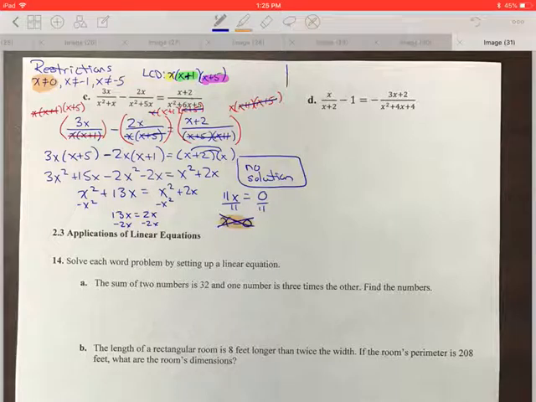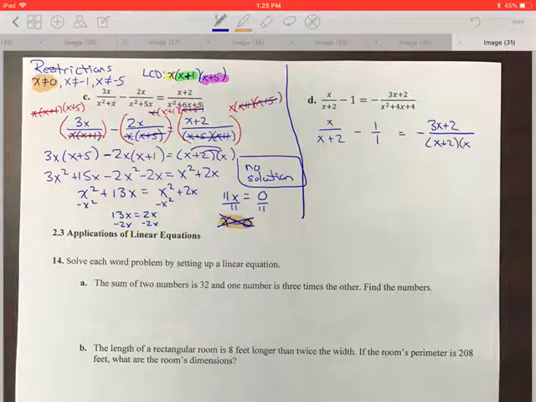All right, so let's try D. Let me draw a little line here. Okay, so I'm going to do the same thing. I want to clear fractions. I'm going to think of my 1 as 1 over 1. And then I'm going to go ahead and factor that last denominator. It becomes x plus 2, x plus 2. So if I'm thinking about an LCD, I need an x plus 2 from the first fraction.